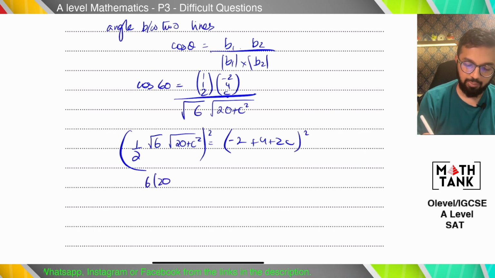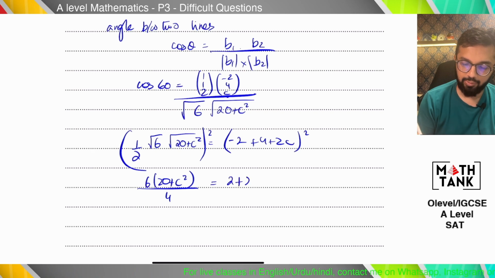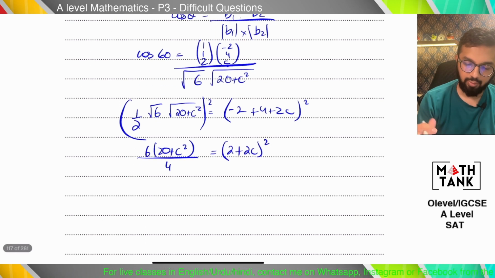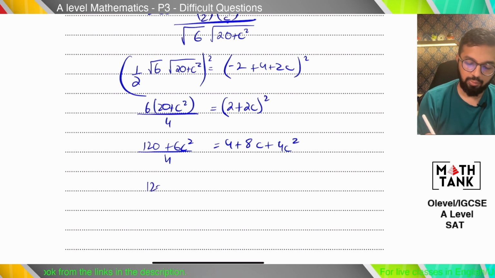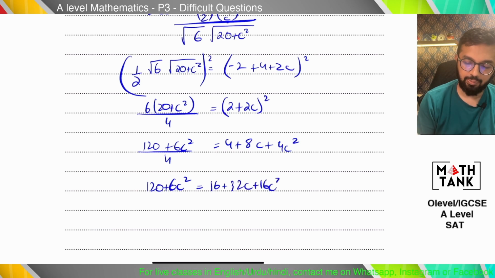So 6 into 20 plus C squared divided by 4 equals minus 2 plus 2, 4, 2 plus 2C whole squared, and I get 4 plus 8C plus 4C squared, 120 plus 6C squared over 4, 120 plus 6C squared equals 16 plus 32C plus 16C squared.